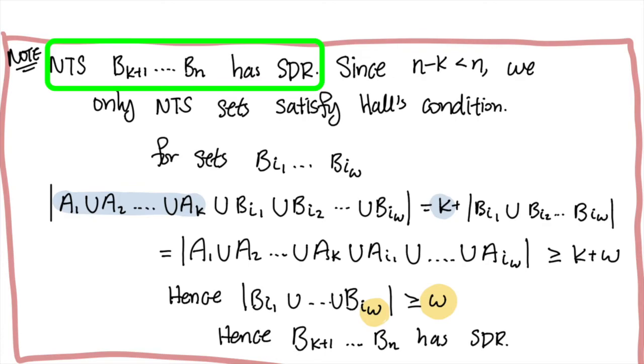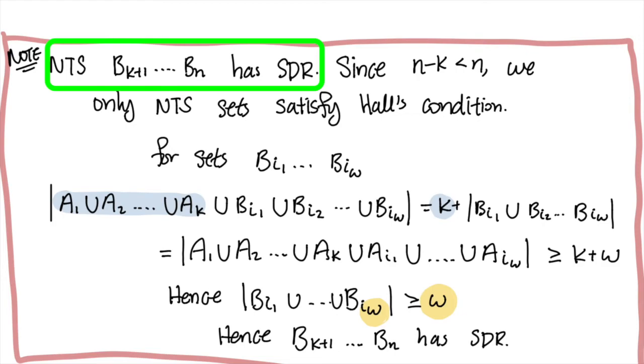Therefore, the union of A1, A2 all the way to Ak, union with the union of B_{i1} all the way to B_{iw}, will be the same as the union of all A's from A1 to An. Since the size of the union of A1, A2 all the way to Ak is k, and the size of the union of A1, A2 all the way to An is k plus w.